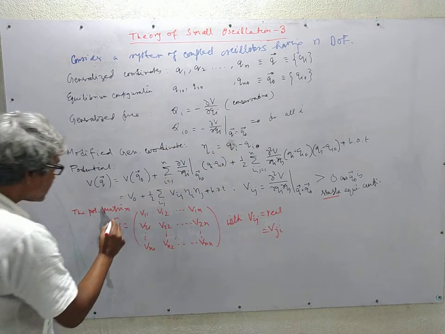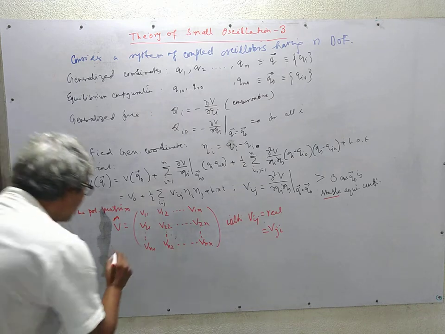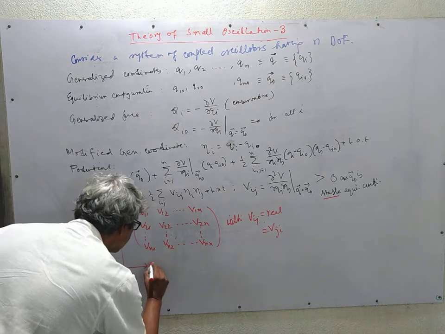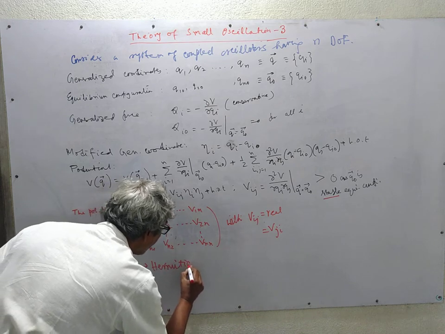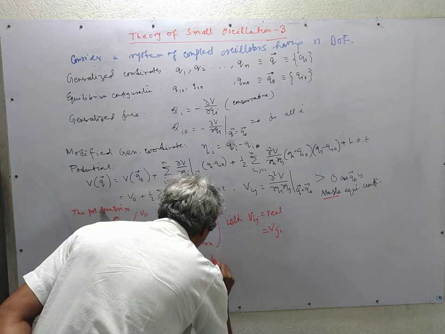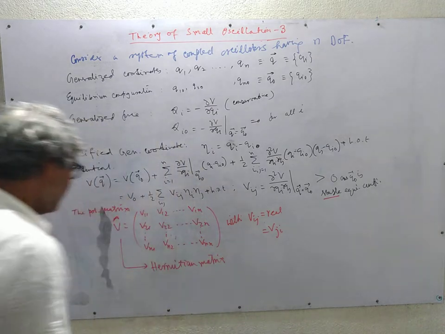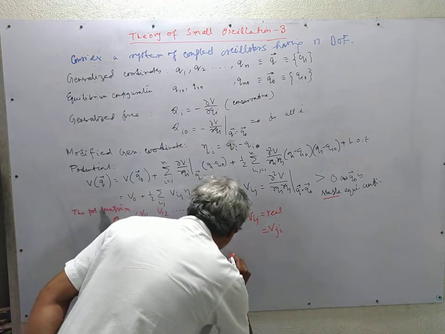So the matrix V is a real symmetric matrix. So it is a Hermitian matrix. It is a square matrix. Being real symmetric.